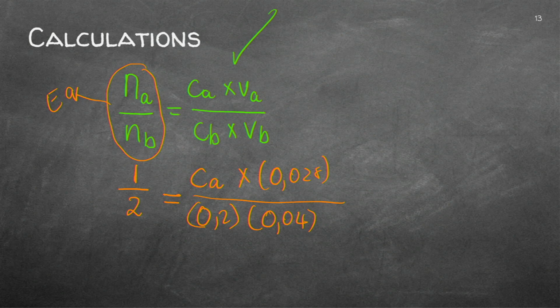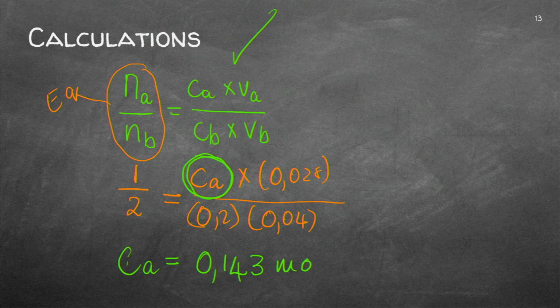Can you see the only item that's outstanding is the concentration of the acid? And you can now calculate it and do it with me and see if you get the answer as 0.143. And remember the unit for a concentration. It's mole per cubic decimeters.